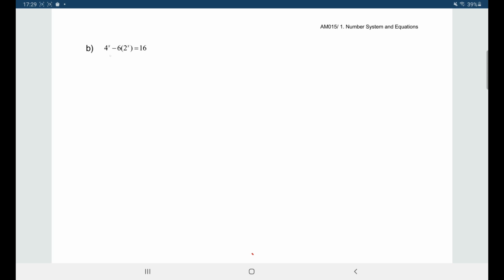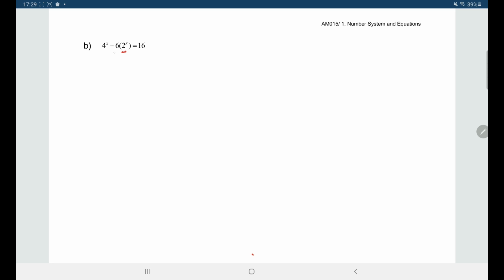Question B, 4 to the power of x minus 6 times 2 to the power of x equals to 16. From the question, we look for the smallest base. The smallest base is 2 to the power of x. Okay, so we change 4 to base 2. So we can write 2 squared to the power of x minus 6 times 2 to the power of x equals to 16.